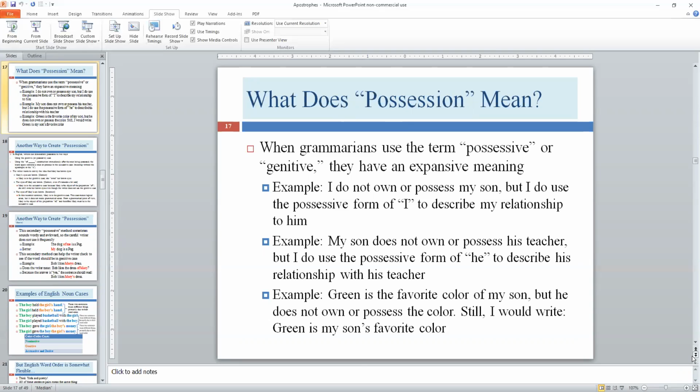So many times we use the possessive to talk about ownership or possession, but also to talk about a relationship that one has. Another example is a color. My son's favorite color is green. So he'll say, my favorite color, Adam's favorite color is green. He doesn't own or possess green, but it is something that he has a relationship with.